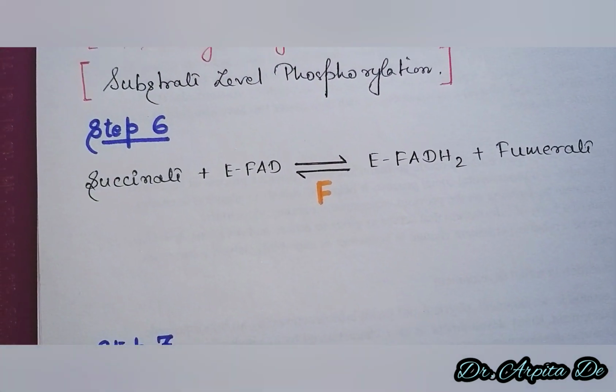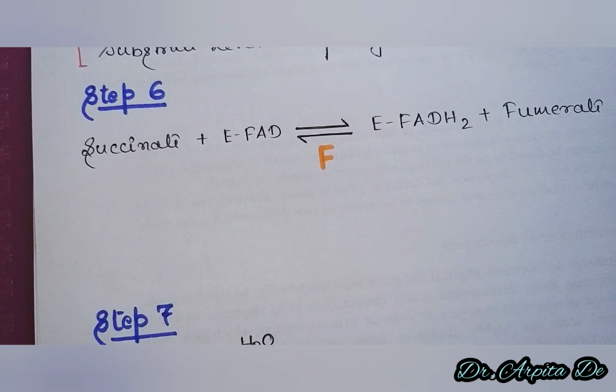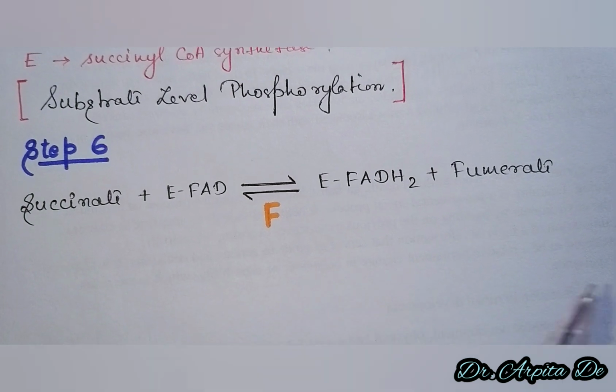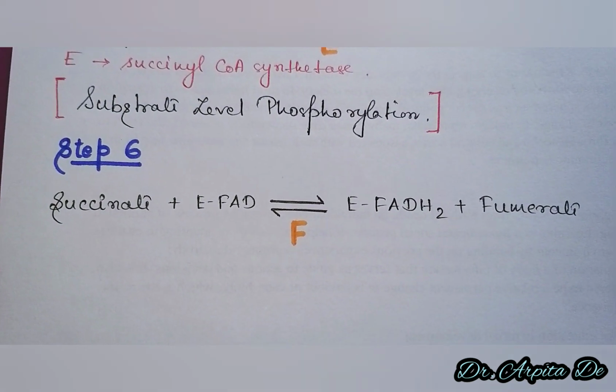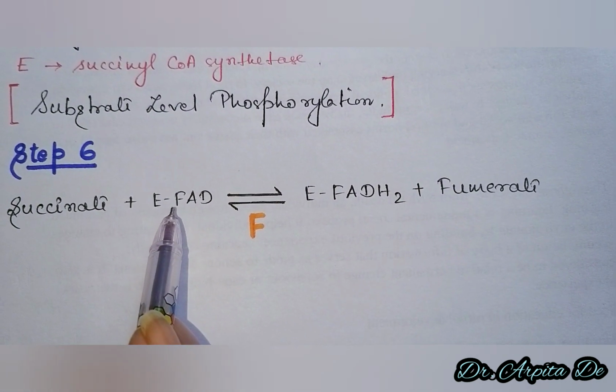Next, coming to step number 6. In step number 6, what happens? This succinate formed here is now reacting with E-FAD. What is this E-FAD?